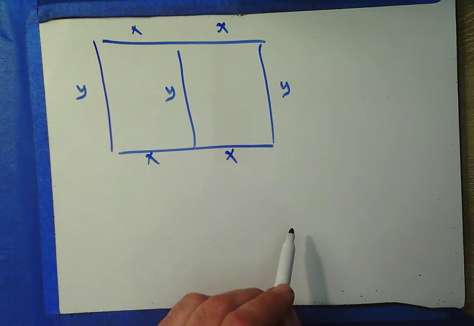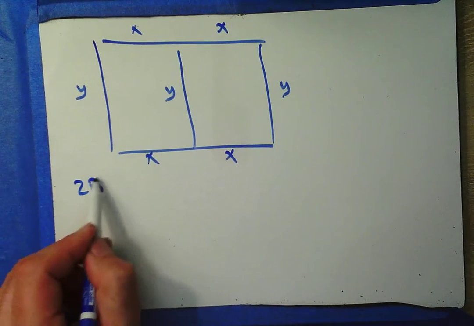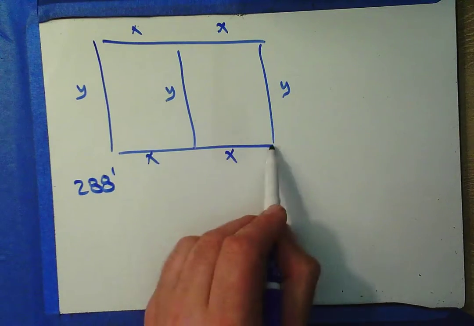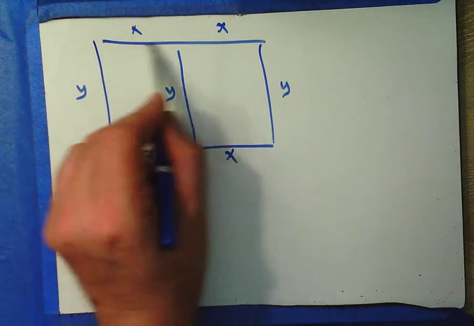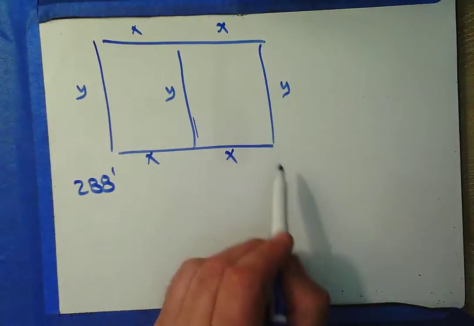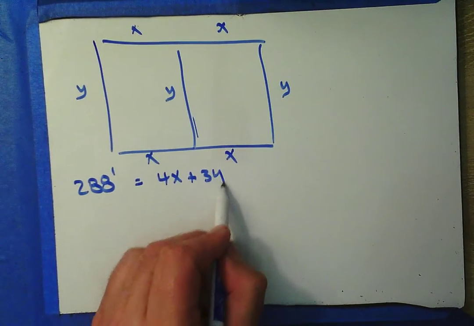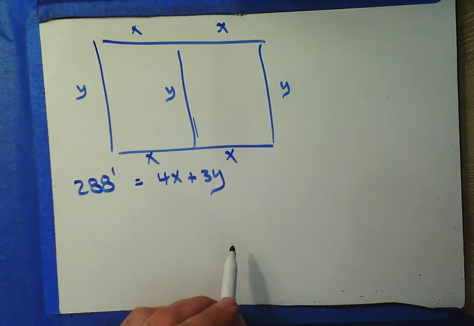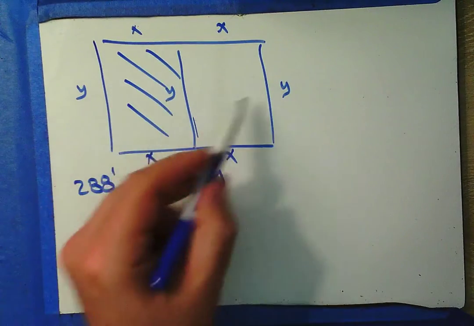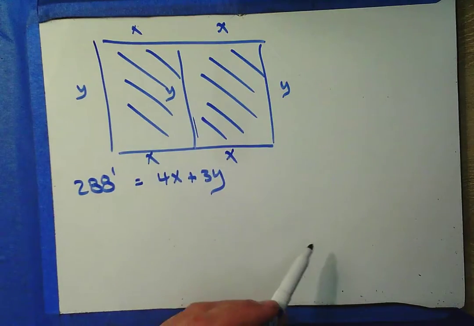We've got 288 feet of fencing, and that fencing needs to go here, and here, and here, and here, and here, and here, and here. So that's going to be 4x's plus 3y's. And what we're trying to do is give the horses the maximum area possible in these corrals.